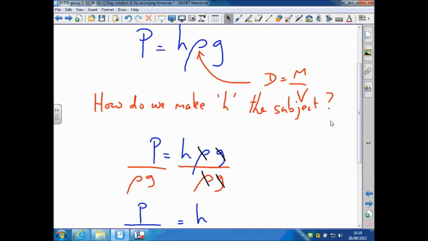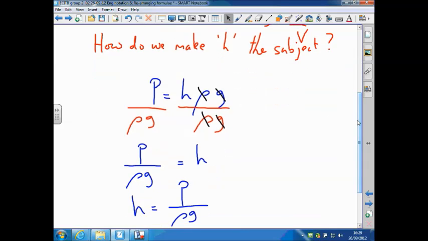So to recap, if I want to make H the subject, I've got to get rid of the rho and the G. How do I get rid of multiply by rho? Divide by rho. But remember they're numbers. So if I have a number like, say, 4, and I multiply it by 3 to get 12, if I want to get back to the 4 again, I would obviously divide by 3.